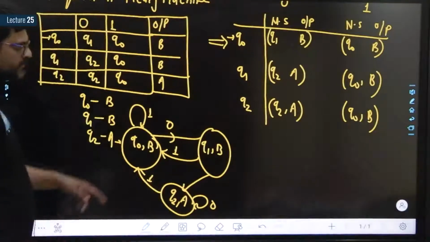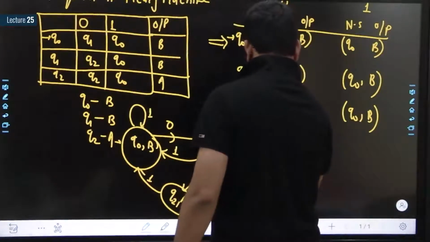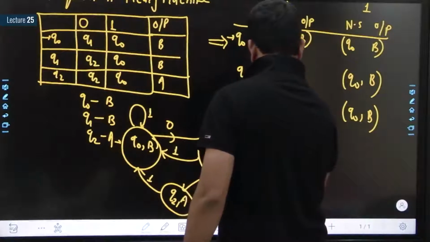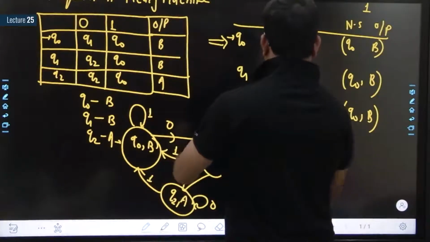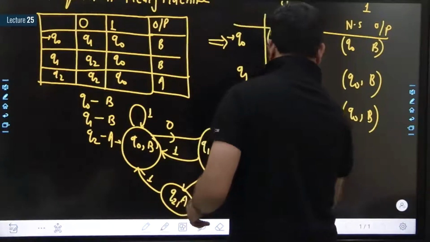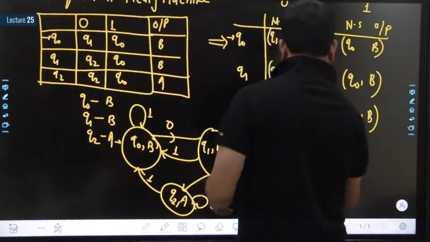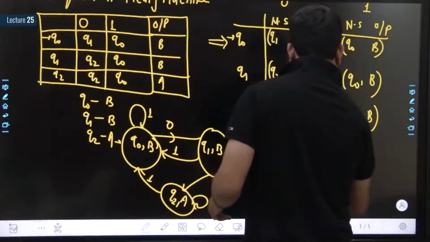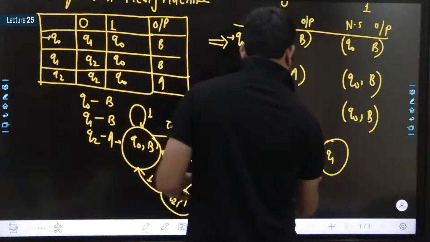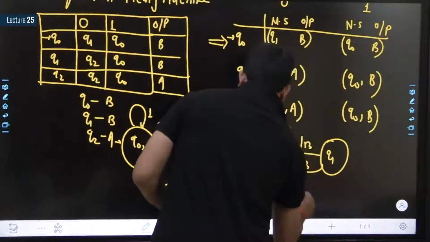What is the equivalent Mealy machine? Output is associated with B, 0, Q1, 1 B, Q2.